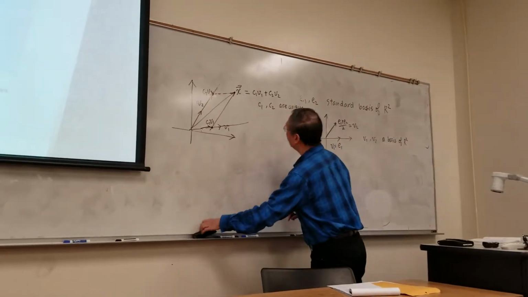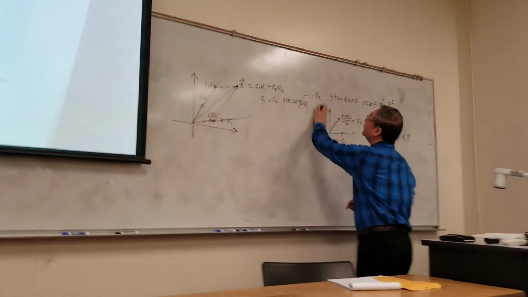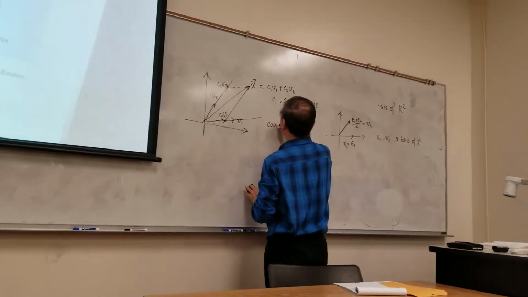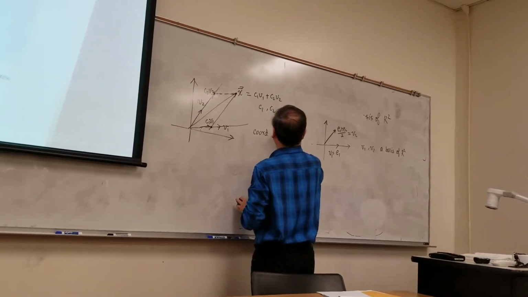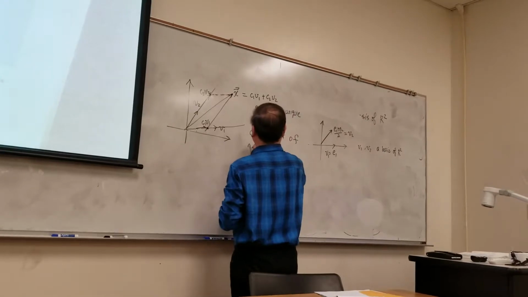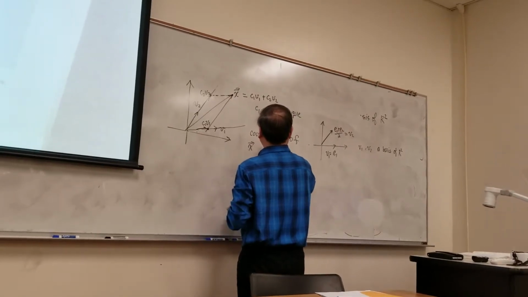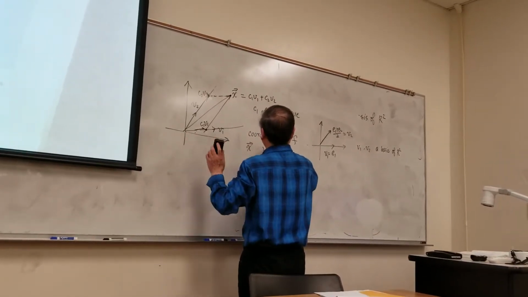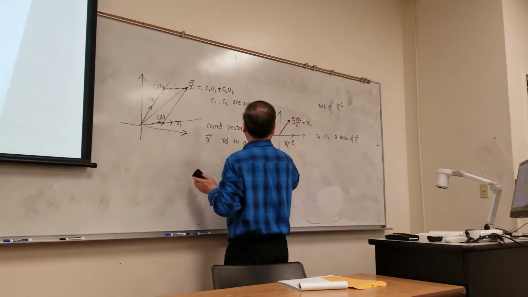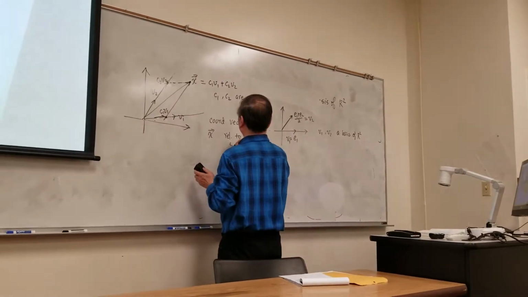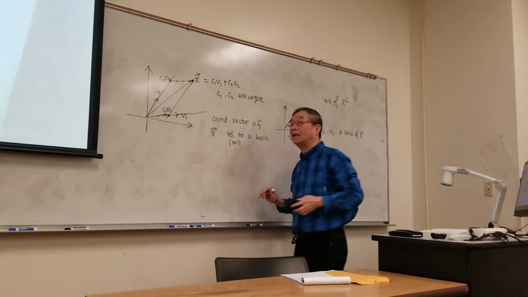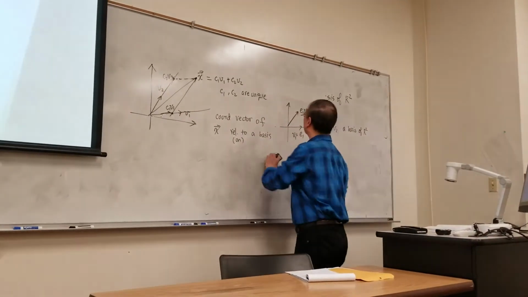Okay, so now here comes the coordinate vector of x. Sometimes we say relative to a basis or on a basis. Or later we have another notation.